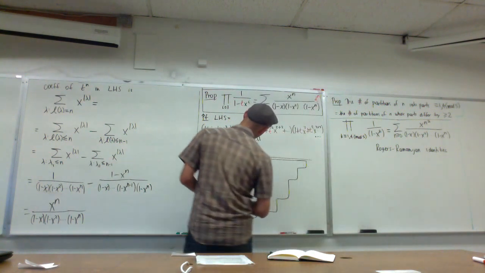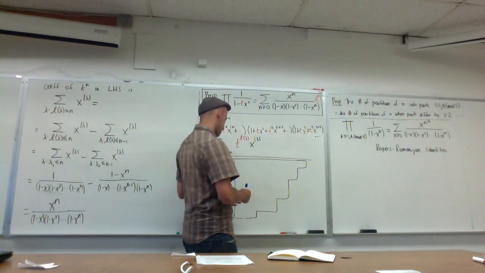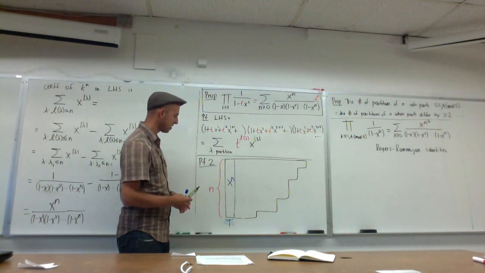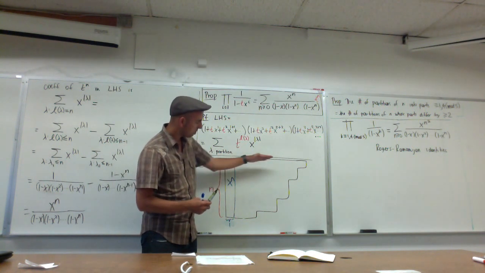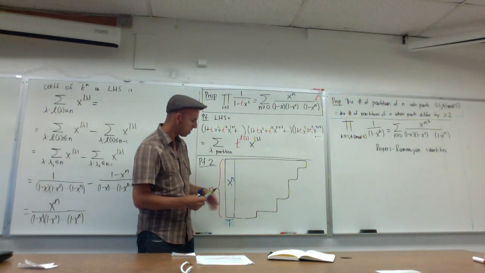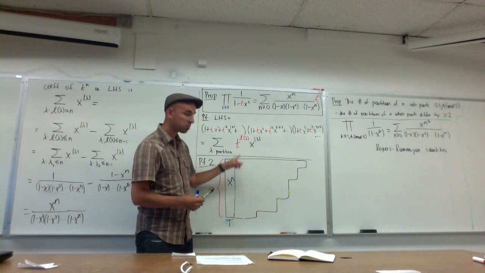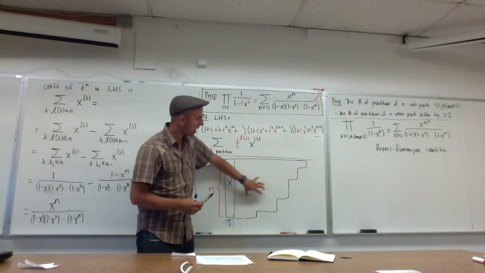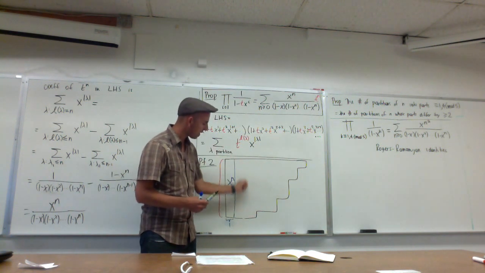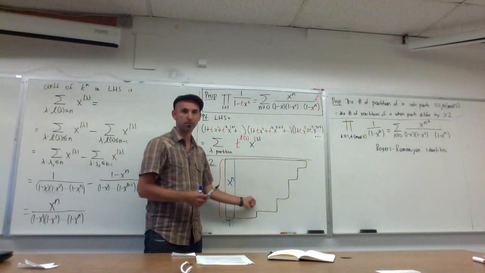And if I just tilt my head and look at it like this, if I think of these as being my columns now, and these as being my rows, then I'm looking at a partition where the parts have length at most n.